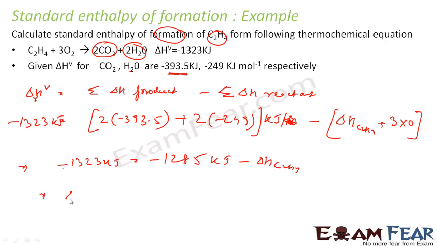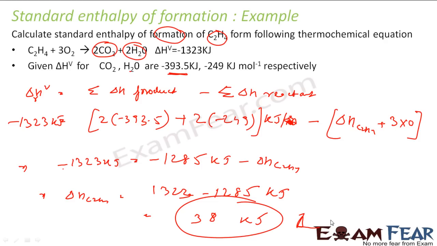So if you want to find delta H of C2H4, that becomes 1323 minus 1285 kilojoule. And if you solve, then it becomes 38 kilojoule. And that is my answer.